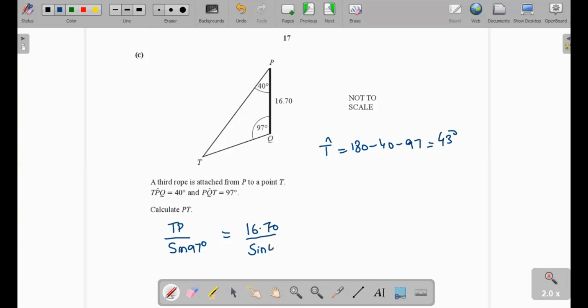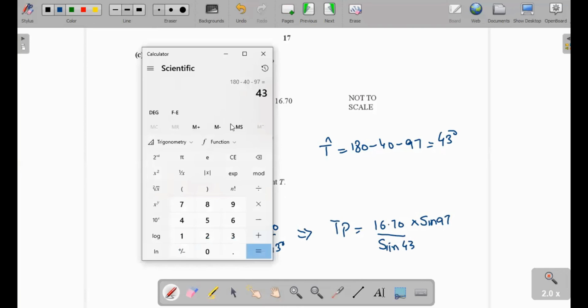Now sine 43 degrees. Therefore, the TP length will be equal to 16.70 multiplied by sine 97 over sine 43. Calculate this value.